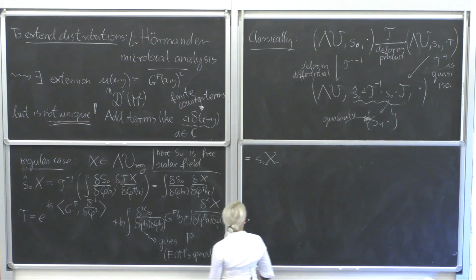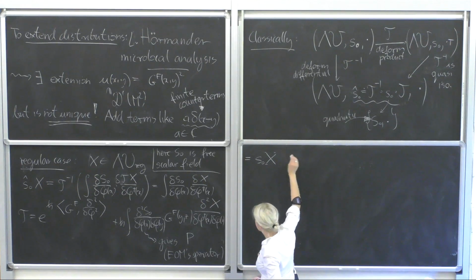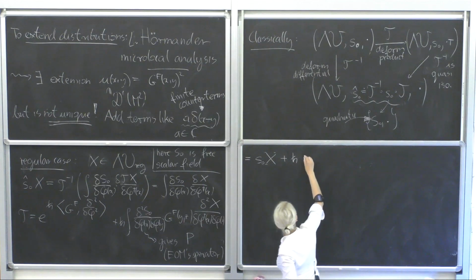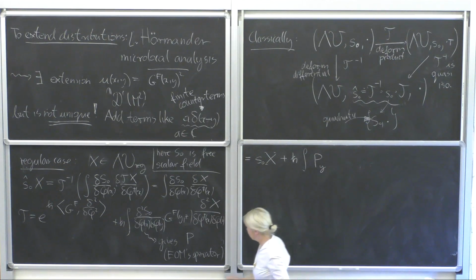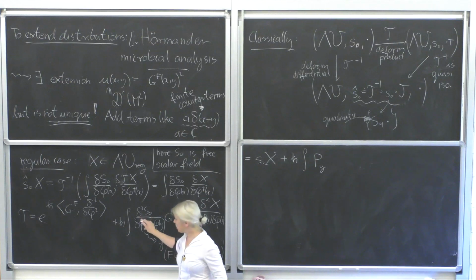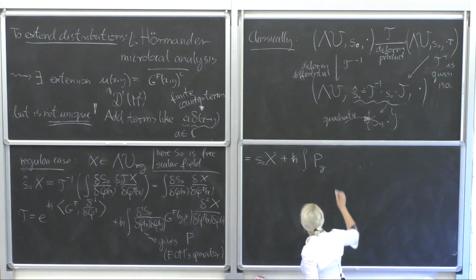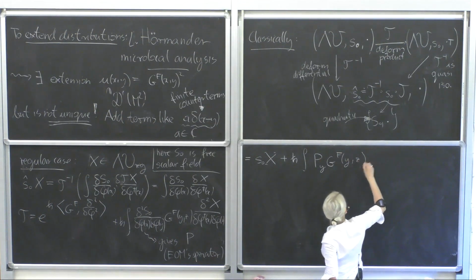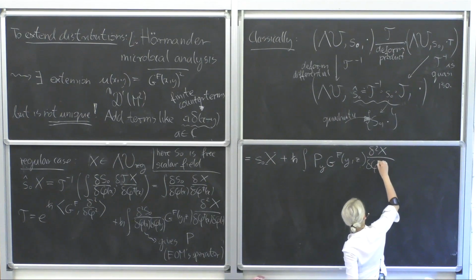Okay, so by integrating by parts, here I'm going to get a term where I have P. This will also give me, this is local, right? So there will be a delta of x y somewhere. So G_F of y z, d squared x over that.